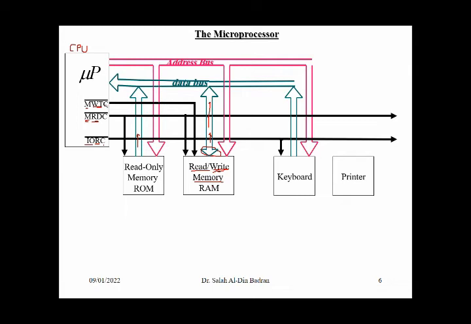It will activate this chip using this control pin. It will send a signal asking to open, or to give permission to write on it, and can go to other devices such as any device that has the ability to write on it.